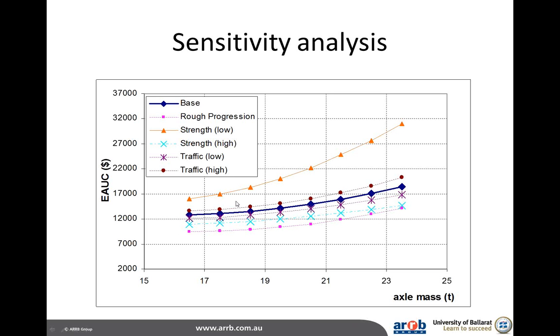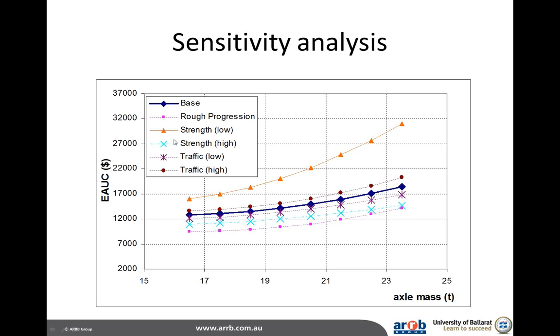I'm going to skip over strength for a moment and go to traffic. Where we decreased traffic was this purple curve. We had again a slight change in total cost, but very little change in marginal cost. But as you would expect, as you reduce traffic, you reduce the cost. So we can see that it is reactive to increase and decrease in traffic.